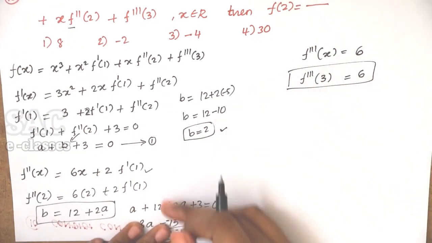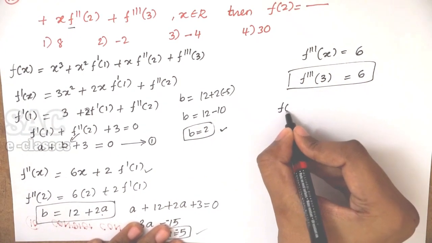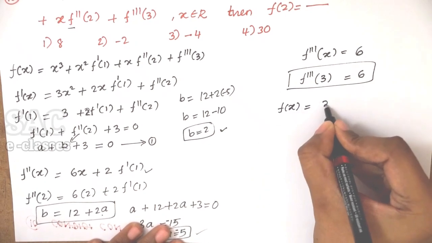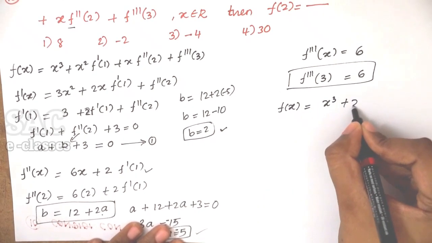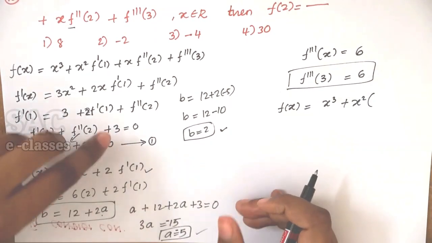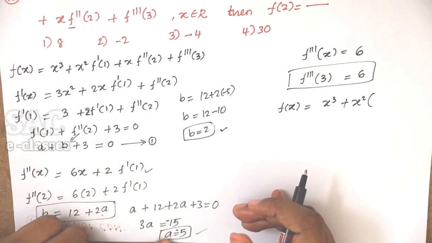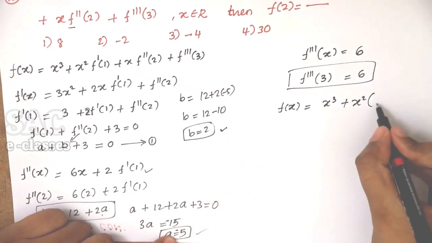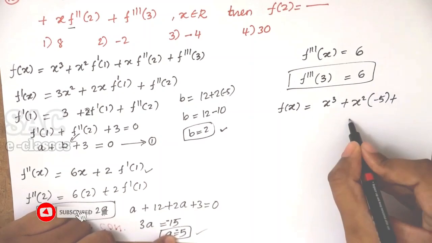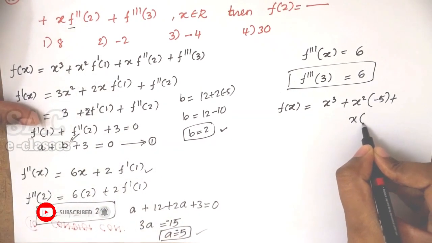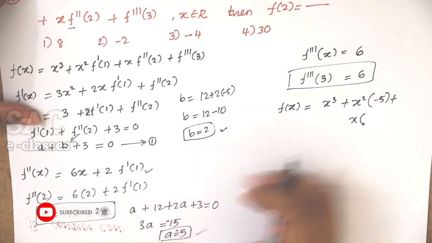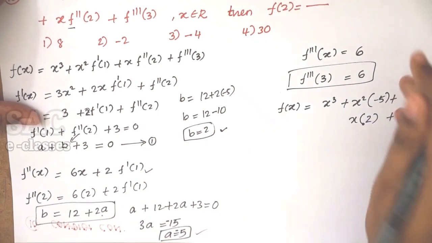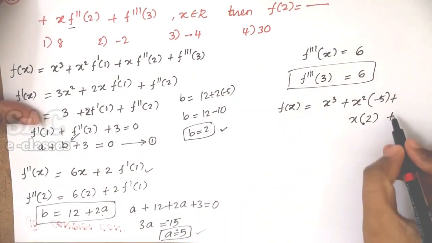Now gather all these coefficients and find out what f(x) is. f(x) is x³ + x²·f'(1). What is f'(1)? A, and the a value is -5. Then x times f'(2), which is 2. What is f'''(3)? Which is 6.